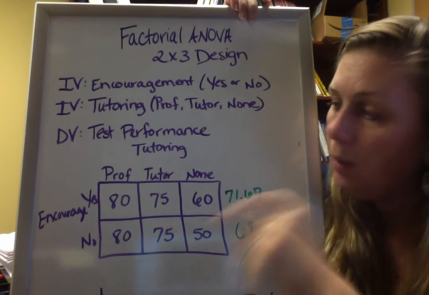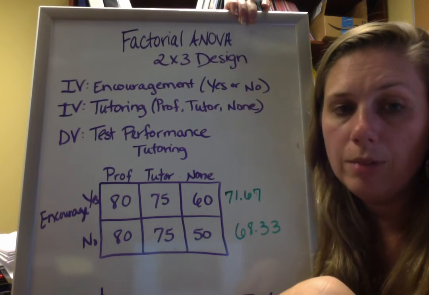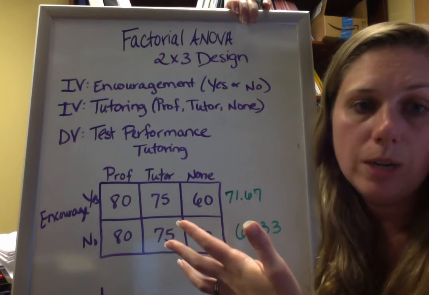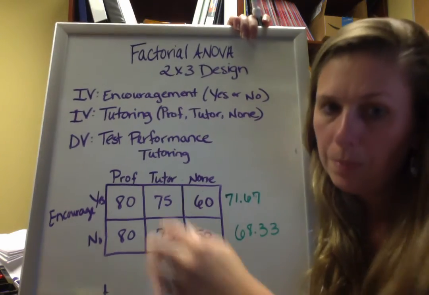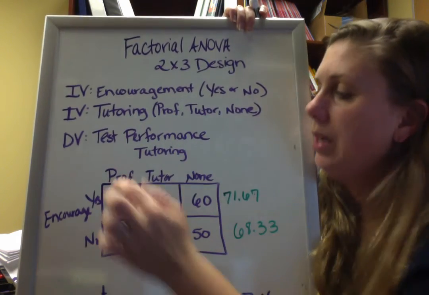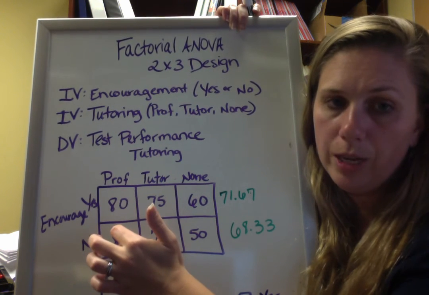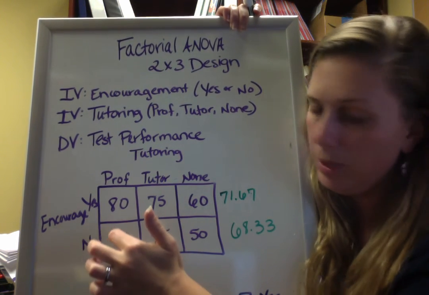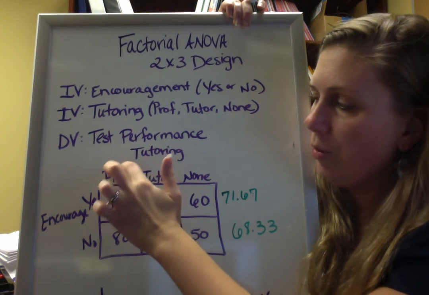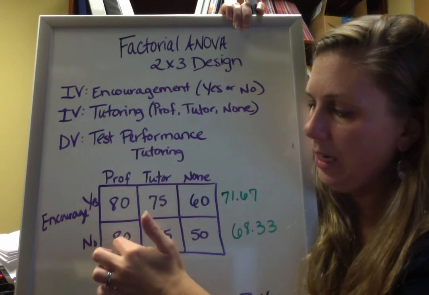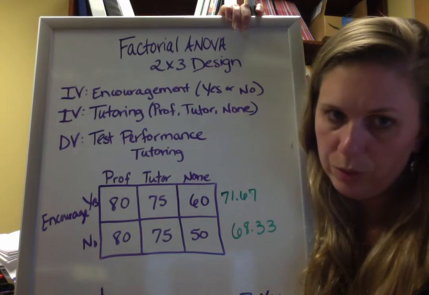Okay, but I also need to talk about my main effect of tutoring. I haven't done that yet. So same situation here. I've got multiple numbers for each of these tutoring categories, and I don't want to deal with these multiple numbers. So for example, for the professor doing the tutoring, I have an 80 and an 80, and I just need the average of those 2 numbers.